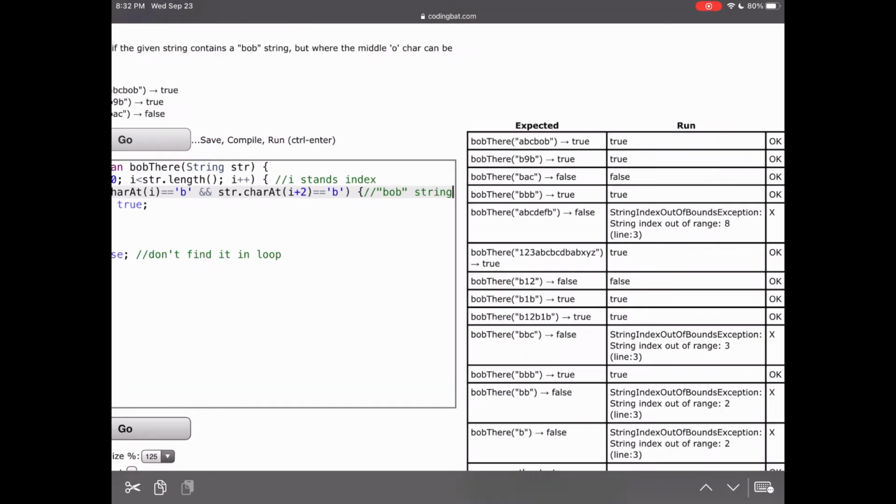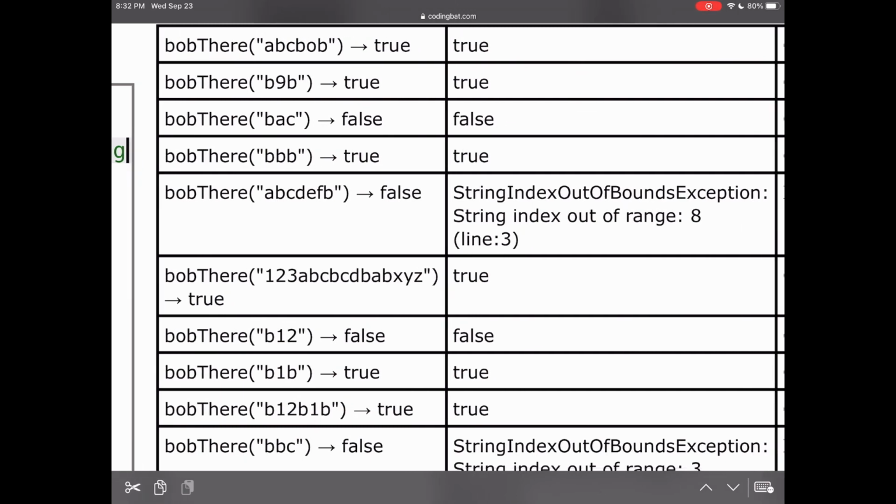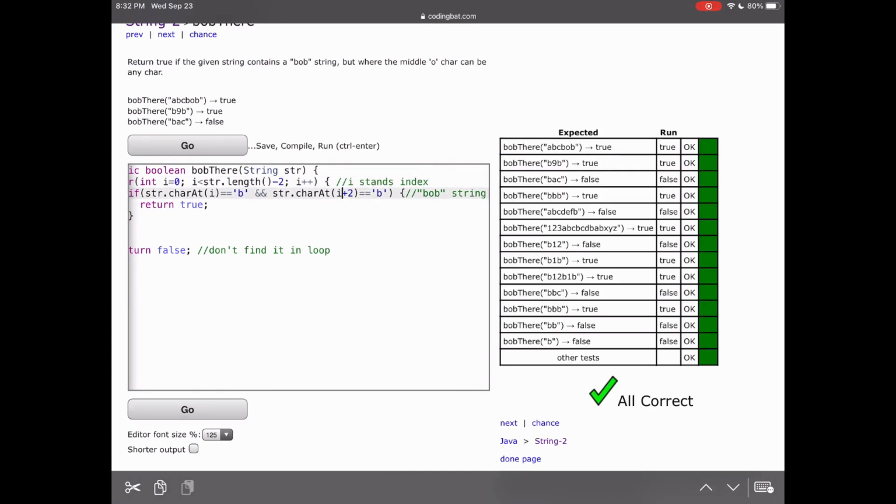Well, if you notice, in this example right here where I got the issue, it finds the b at the last index and then is trying to look 2 letters later. But there's nothing there. So that's why I run into that problem. So here, if I just make sure this is minus 2, I make sure this index here, i plus 2, doesn't run me out of bounds.